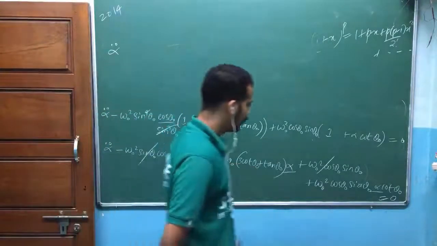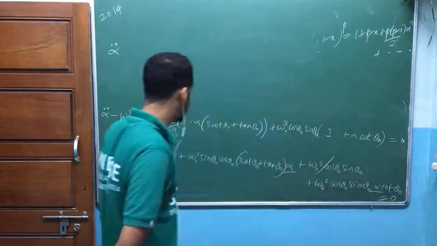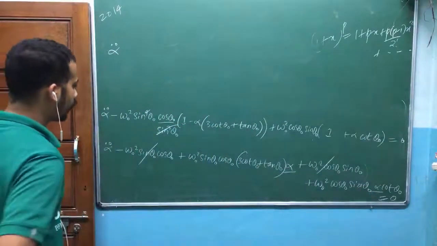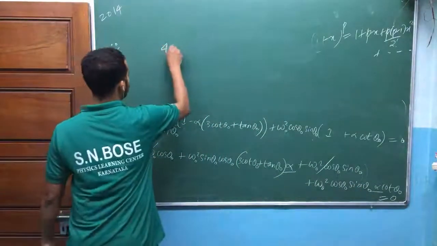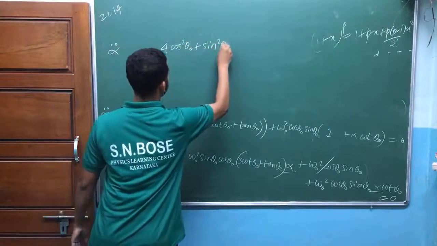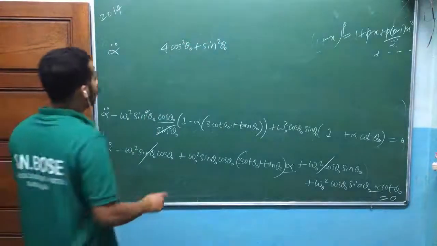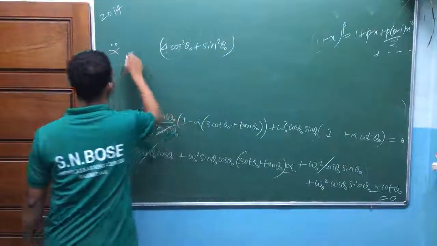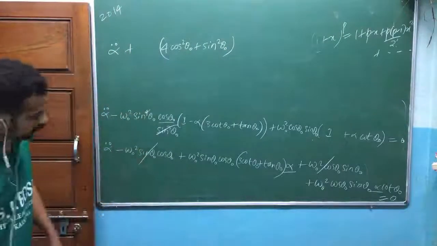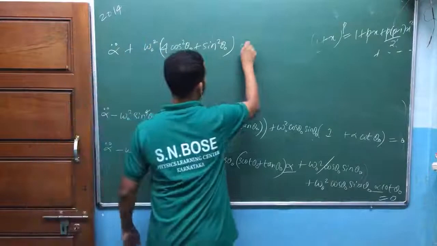So here that will be cos square theta naught. 3 plus 1, 4 cos square theta naught, plus sin square theta naught. Try to do this step, okay? Multiplied with alpha, multiplied with omega naught square into alpha. Omega naught square into alpha is equal to 0.